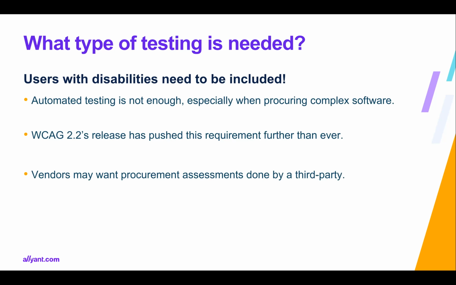Should we audit with a sip-and-puff switch? Should we audit with all of these other different types of assistive technologies? Not to say there wouldn't be any value in doing that, but from an efficiency and a cost perspective, it's just not possible or realistic to throw all of these different assistive technologies and all of these different configurations at a particular piece of software that you're looking to consider procuring.